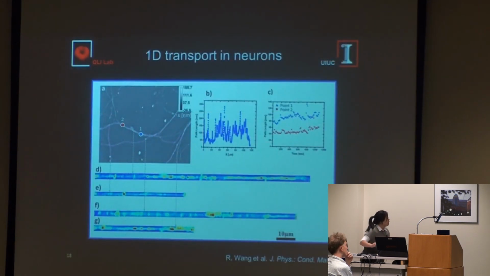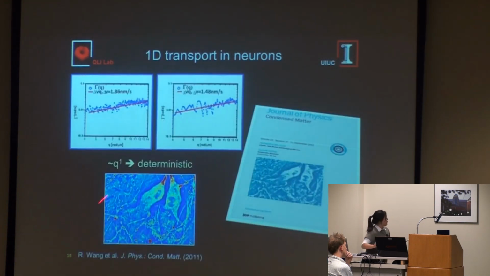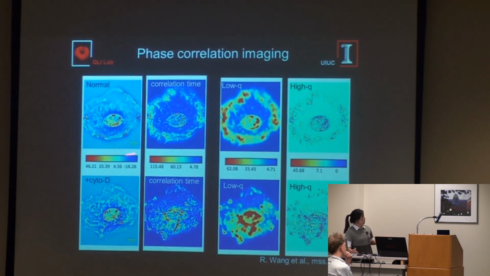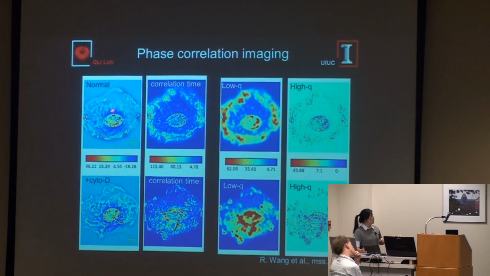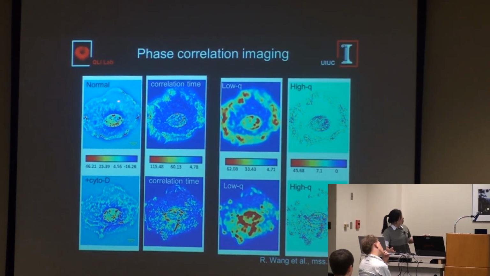We can straighten out these dendrites and quantify them, and the velocity distribution is about 2 to 4 nanometers per second. We also can calculate the correlation time at each pixel.